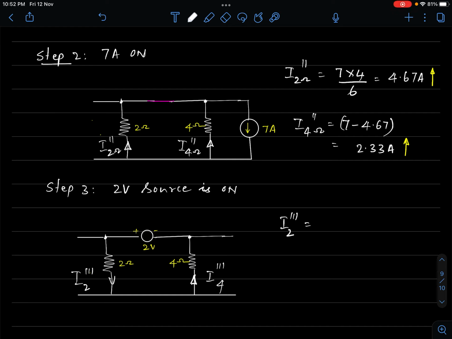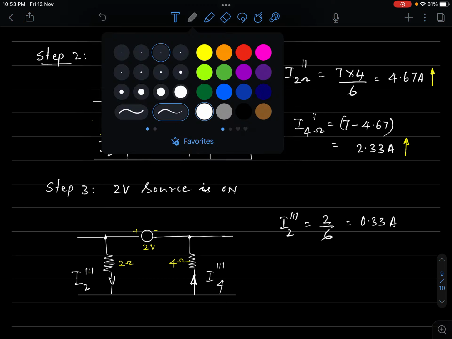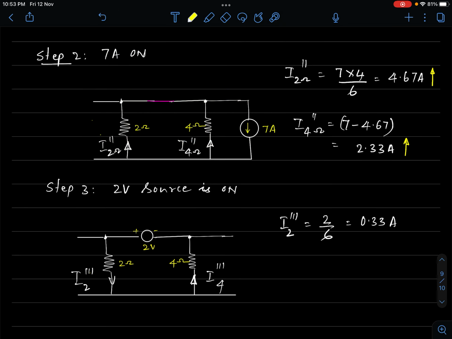I2 triple dash is nothing but the current through 2 ohm resistor due to the 2 volt source. This is equal to 2 divided by 6. The 2 volt source and total resistance is 6. This is 1/3, this is 0.33. And what is the direction of flow of current? It's evident. It is from top to bottom in 2 ohm.